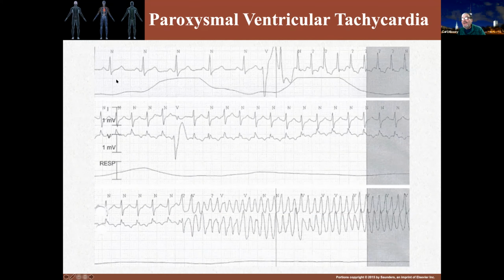Notice that our individual is perfectly normal around here, this point here. Then we get a change in morphology and an increased rate here. So this is our tachycardia here. It's ventricular tachycardia. And then this is devolving here into a consistent VTach.